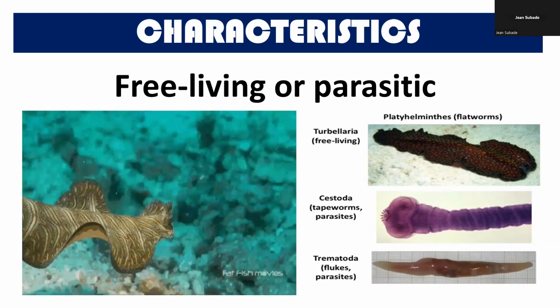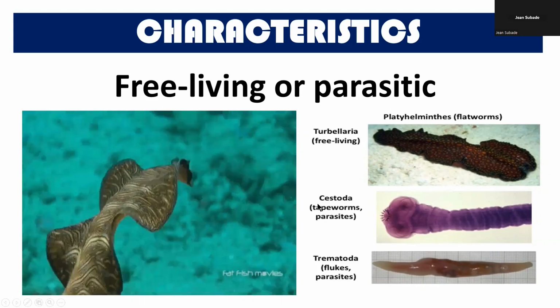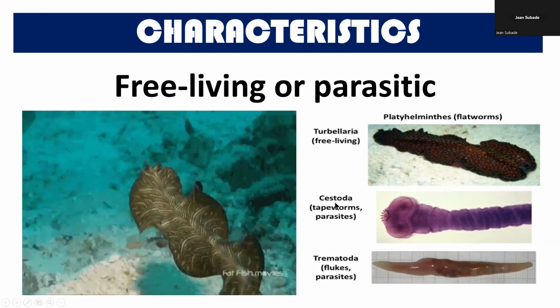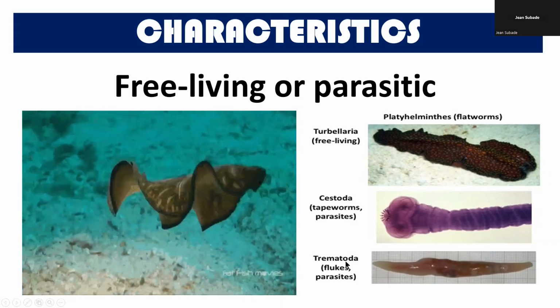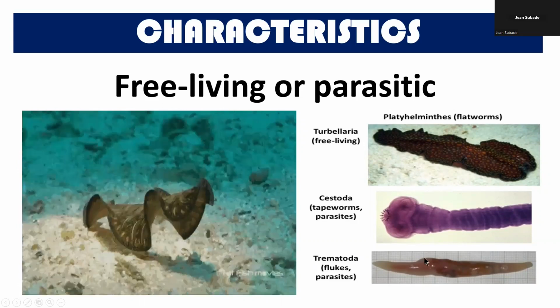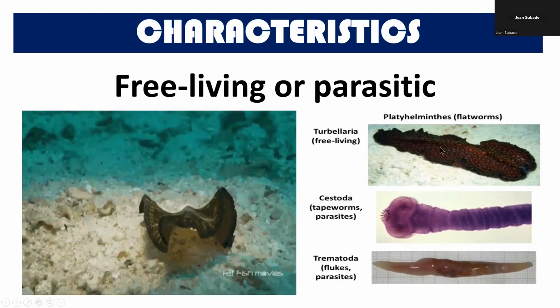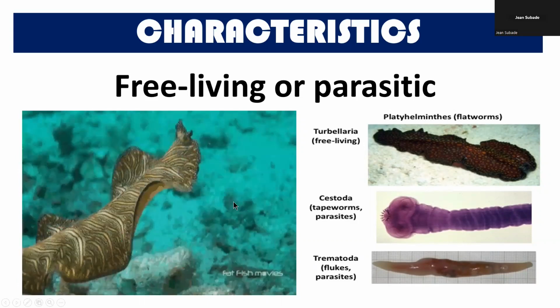That's the difference between the two. Under parasitic, we have the Cestoda, the tapeworms, and the Trematoda, the flukes. They are both parasites. The best example for free living is the Turbellarian.